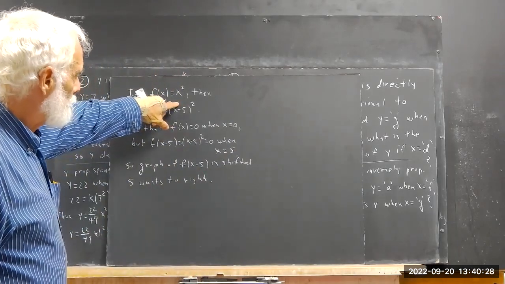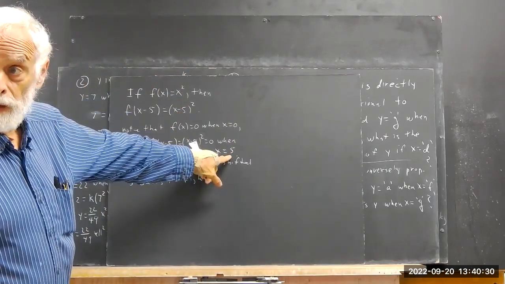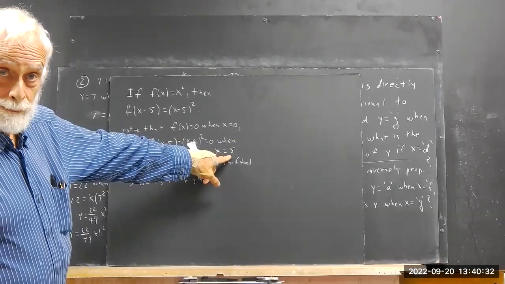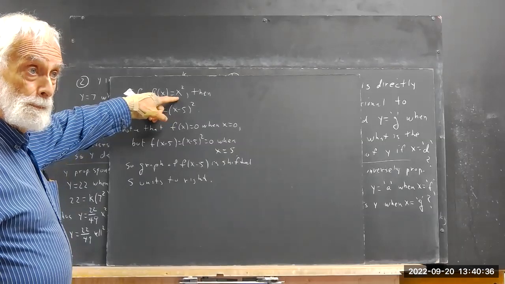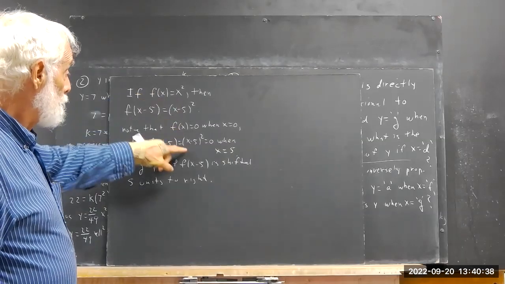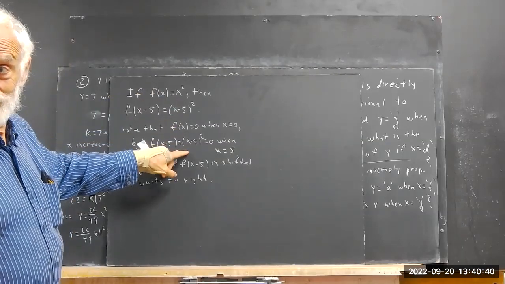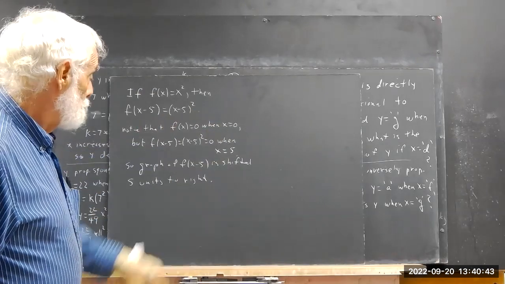So what happens here when x equals 0 happens here when x equals 5. What happens here when x equals 1 happens here when x equals 6. So the graph is shifted.